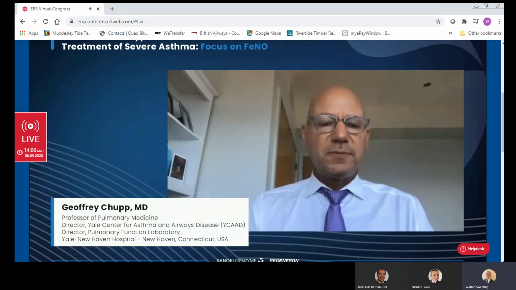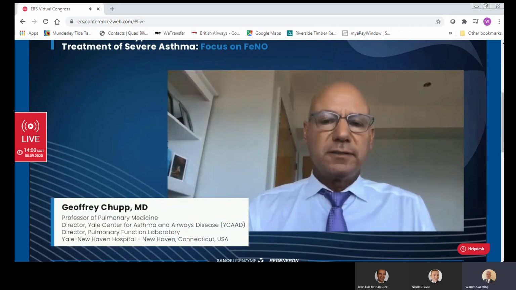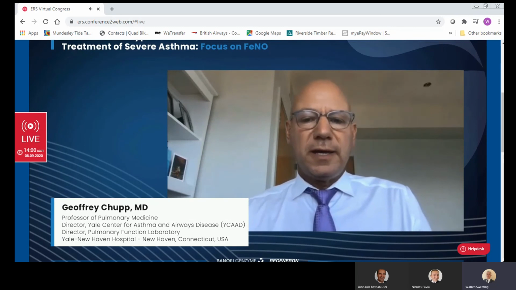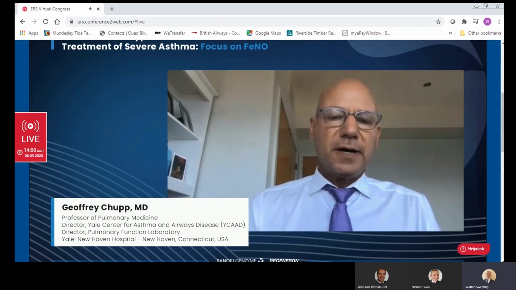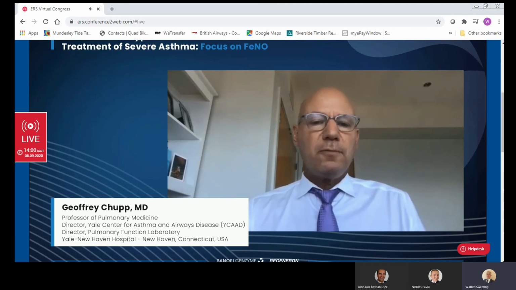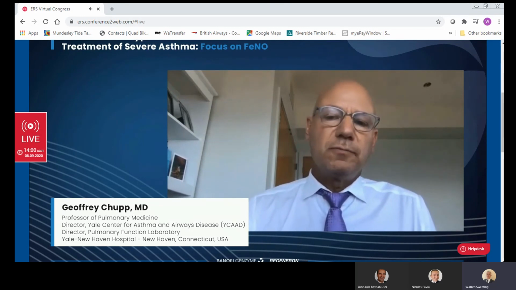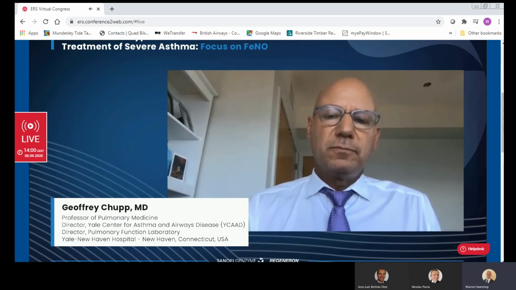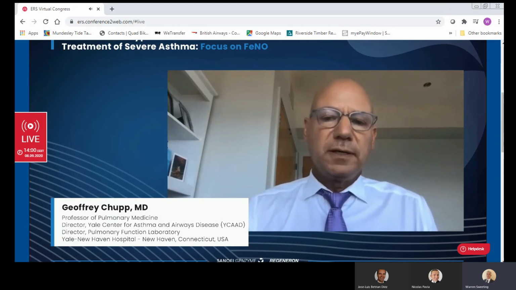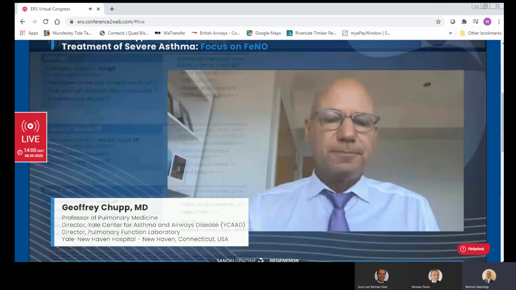The Global Initiative for Asthma has now recognized FeNO as a valuable biomarker to help in predicting response in patients going on biologic therapy against type 2 inflammation.